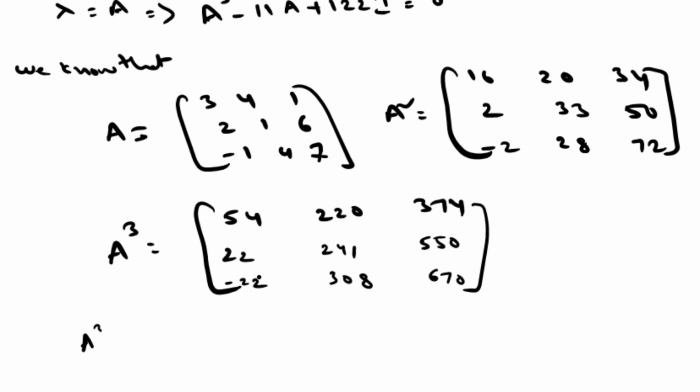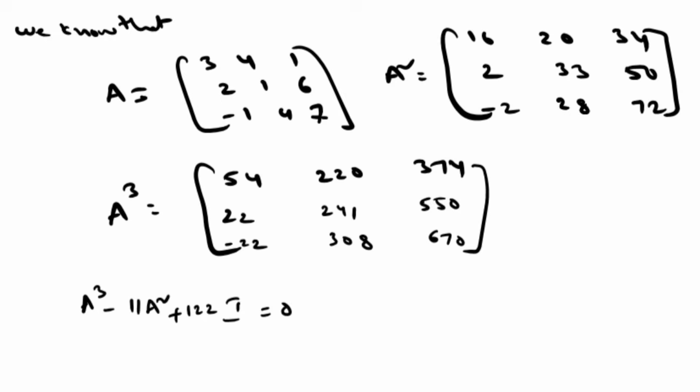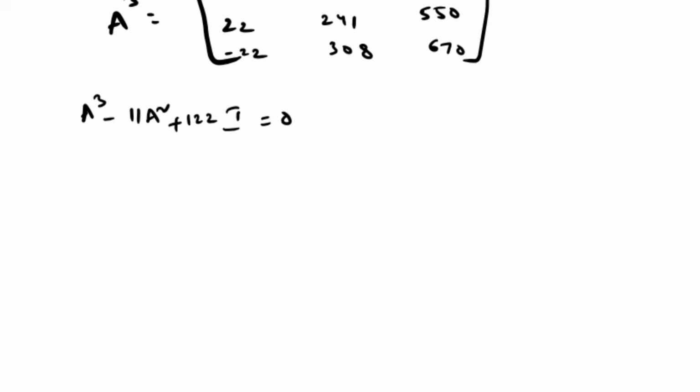A cube minus 11A square plus 122 I is equal to 0. So substitute the values of A square and A cube in this. We can find, right?